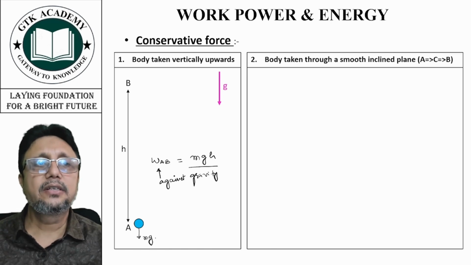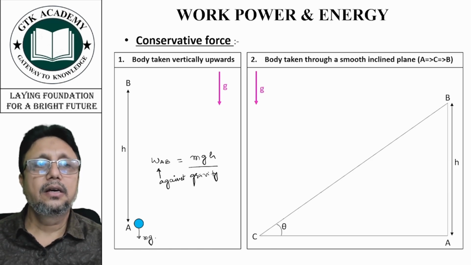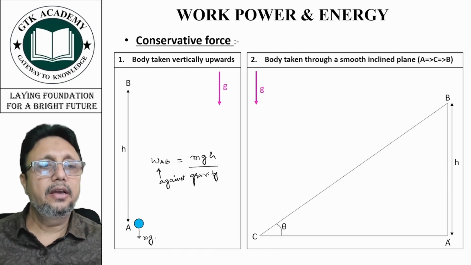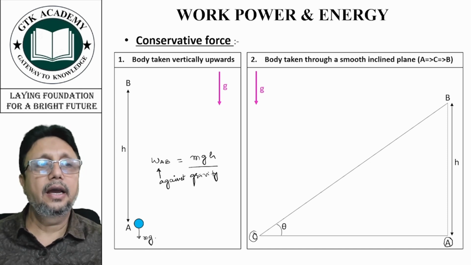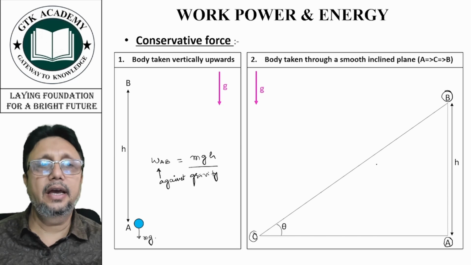In the second case, we take the body from A to C and from C to B this way. CB is a smooth inclined plane.